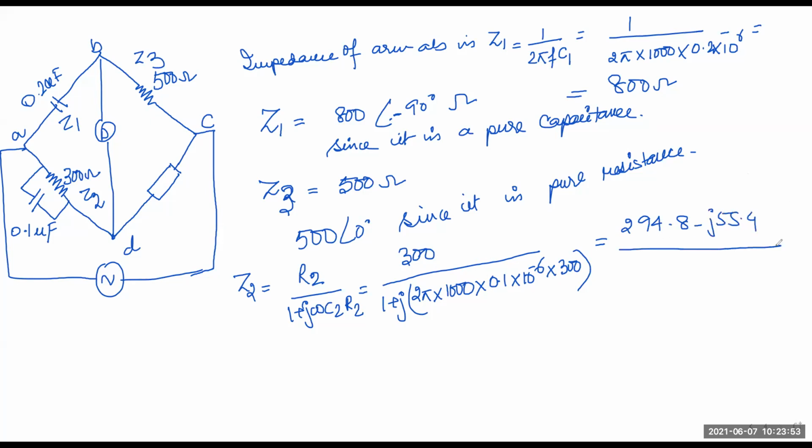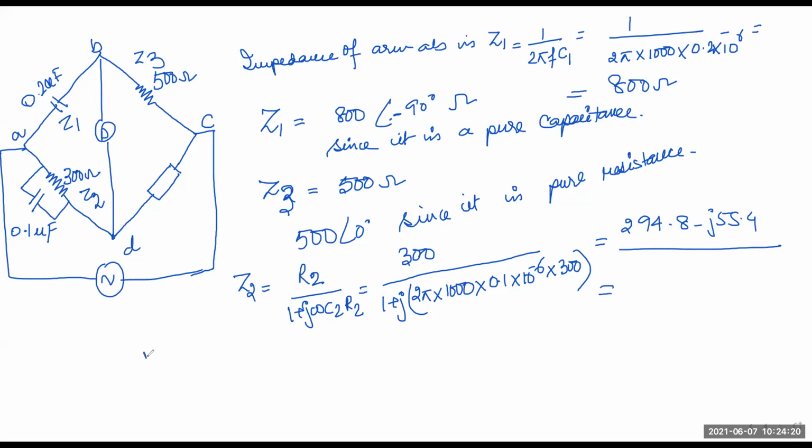Now tell me, in which quadrant does this term lie? Fourth, ma'am. Yes, if it lies in the fourth quadrant, then tell me in angular form. Find out the r and theta and tell me the polar form of this.